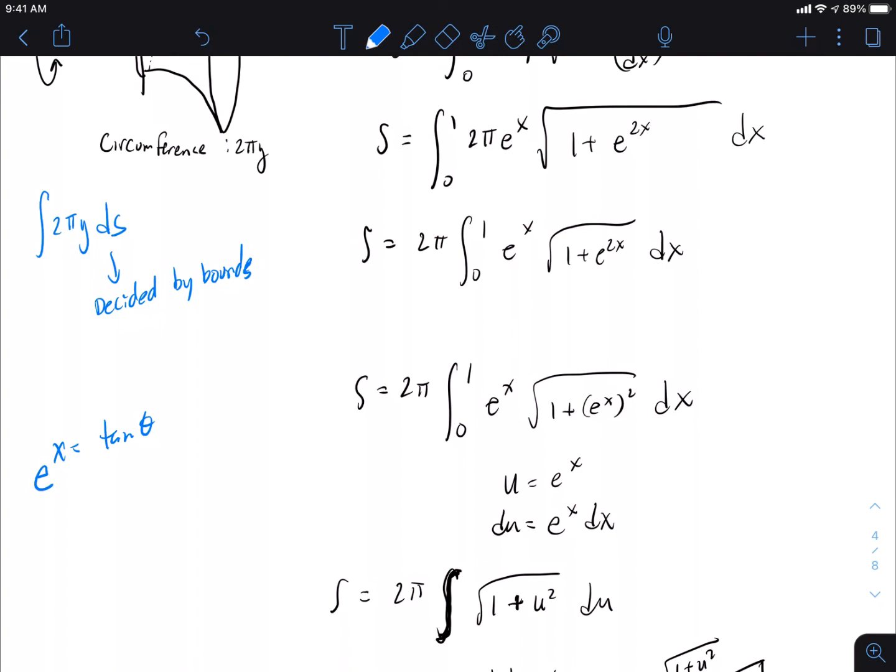Because what ends up happening is we would have gotten e to the x dx equal to secant squared theta d theta, which would have worked, because this e to the x dx would have taken care of this, and then we could have gone and attacked the problem.